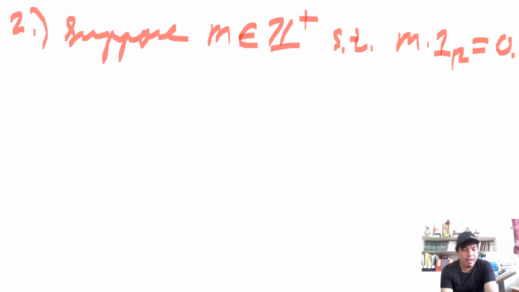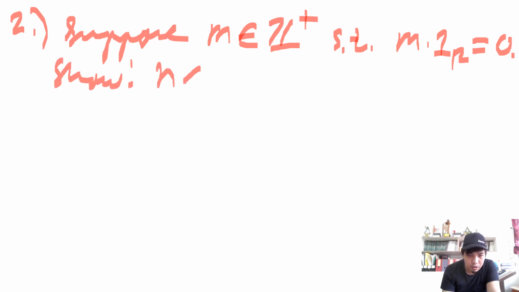So to show that n is the least positive integer, what we want to do is to simply show n to be less than or equal to m.